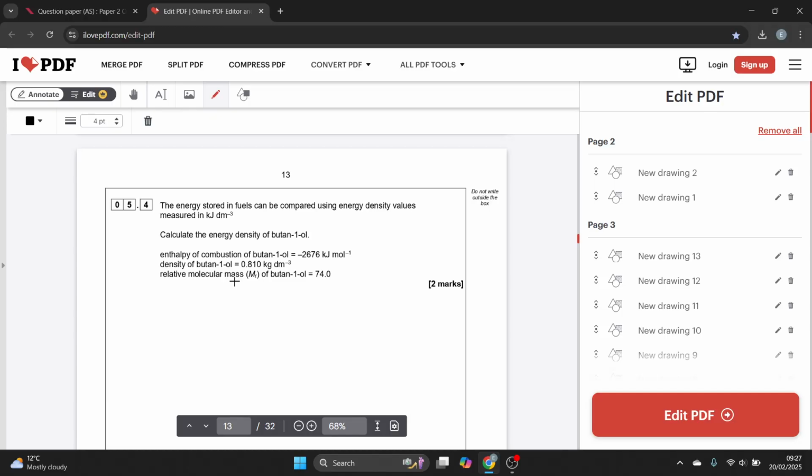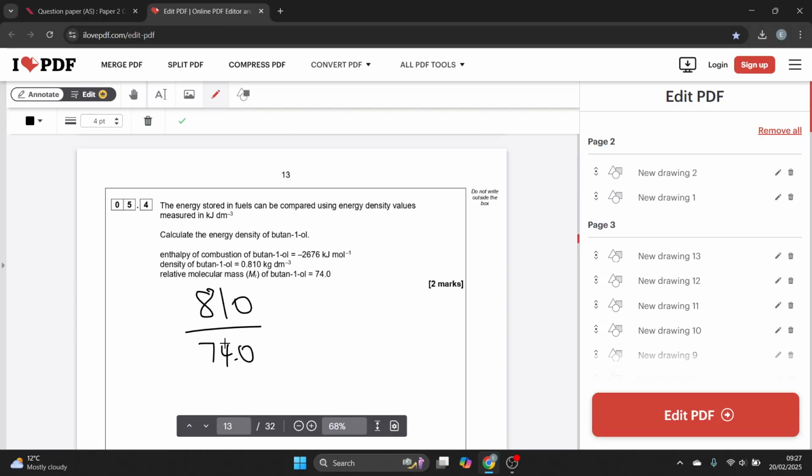Well, the mass is just going to be then 810, because the density is usually 1 gram per dm cubed. That's the mass of it. But in this case, it's in kilograms, so it's going to be 810 grams as the mass. So moles is going to be 810 divided by the Mr.